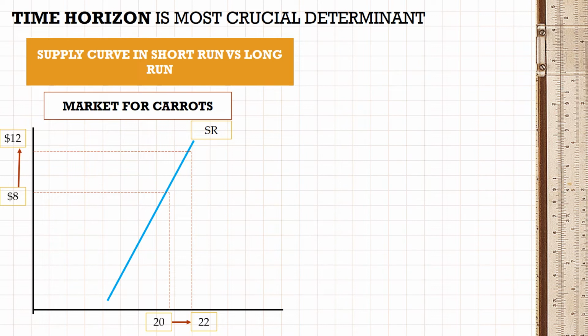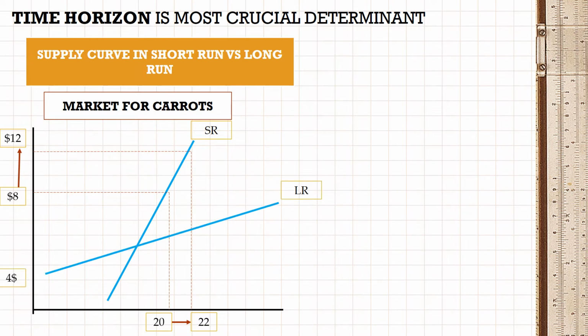It takes a considerable amount of time. And other than time, you need more resources like land and maybe more tools and equipment. So for short run, when price rises, even if it rises a lot, you cannot supply more.